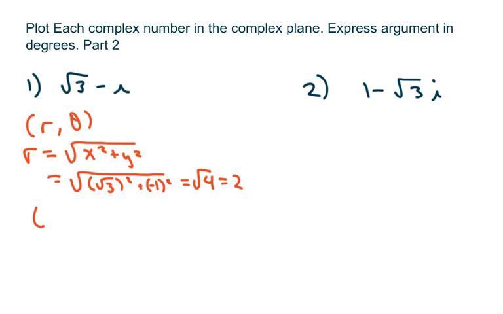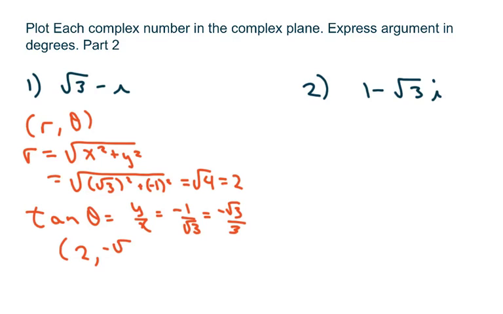And then we're going to use tangent to find our angle, because that's y over x, which equals negative 1 over square root of 3, which when you rationalize gives you negative square root of 3 over 3. So we have 2 comma square root of 3 over 3.